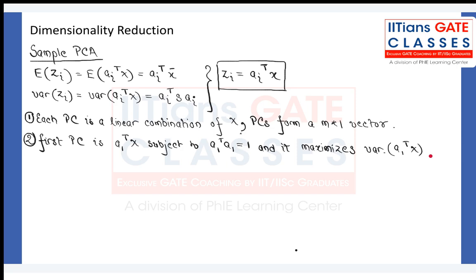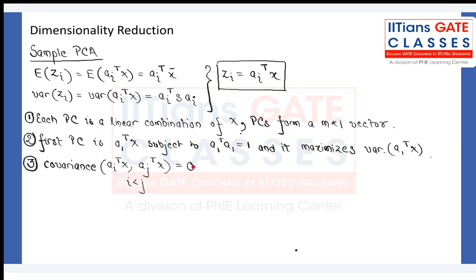What you need to know here also is that for each of these principal components, the covariance between any pair of principal components AI, Aj, such that I is less than j, should be 0.